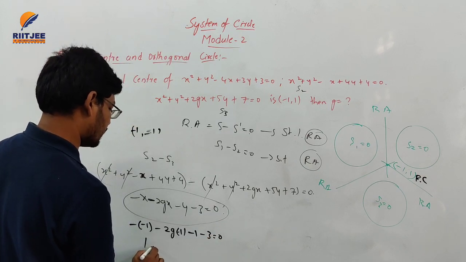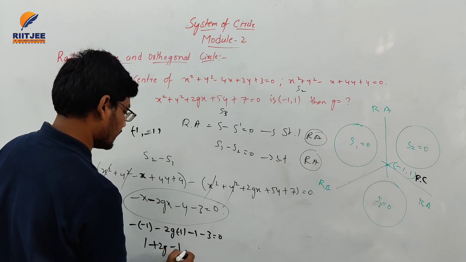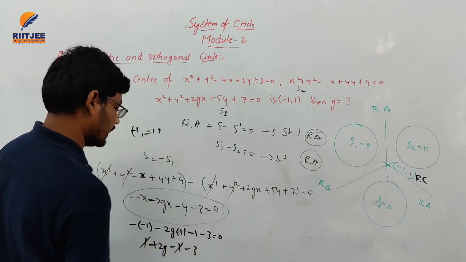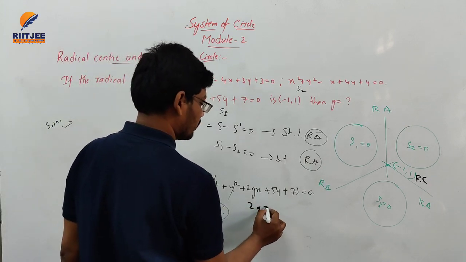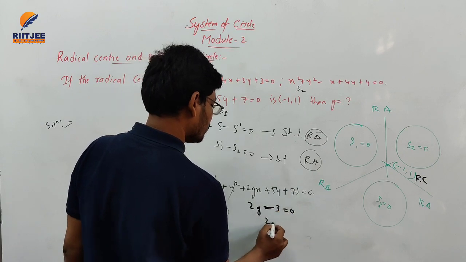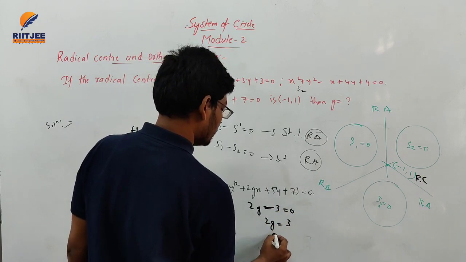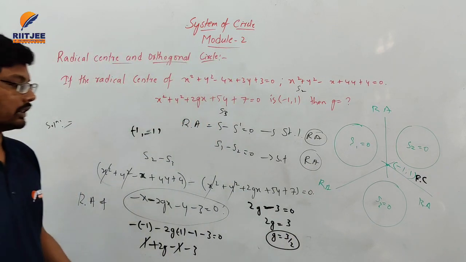Minus 1 becomes plus 1 and plus 2g minus 1 minus 3. Here plus 1 minus 1 cancels. 2g minus 3 is equal to 0. 2g is equal to 3. G is equal to 3 by 2. Then the value of g is 3 by 2 here.